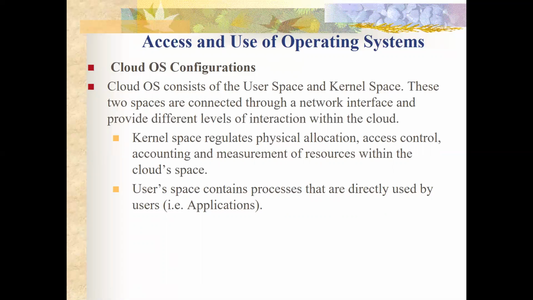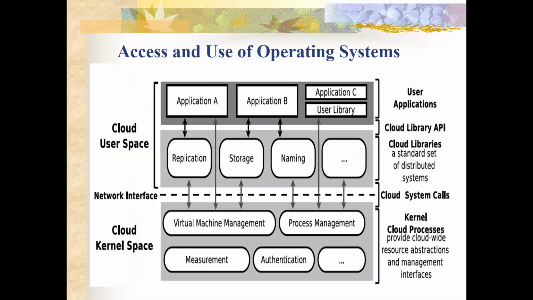First, look at kernel space. Kernel space regulates physical allocation, access control, accounting, and the management of resources within the cloud space. User space contains processes that are directly used by users, or what they call applications. From here, we can clearly see this is a network interface. This is the user space.